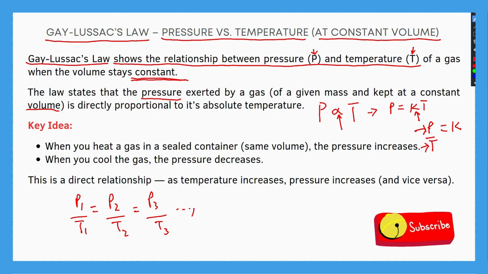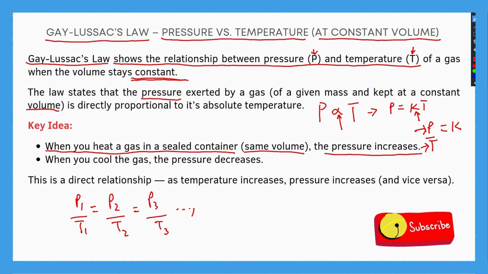Now, the key idea behind this law is that when you heat a gas in a sealed container, that sealed container has the same volume, so the pressure increases. This is why they tell you that you should not keep your gas cylinders that contain your cooking gas or LPG in environments that are hot, because the heat will make the pressure inside those sealed containers become so intense that they can explode.